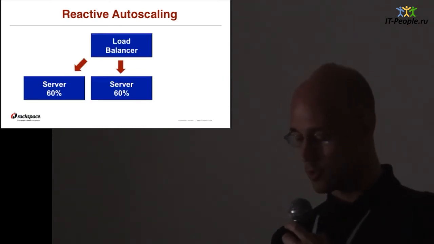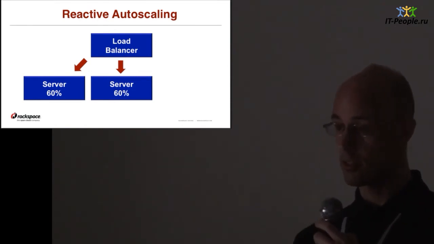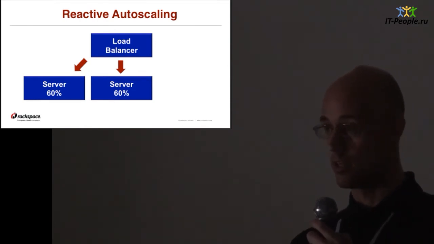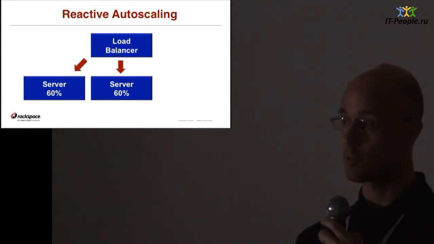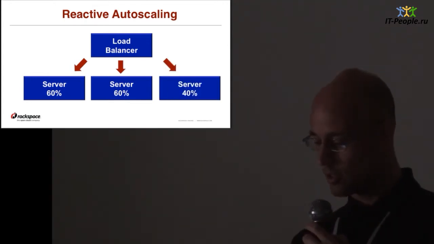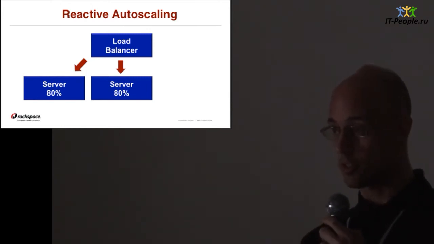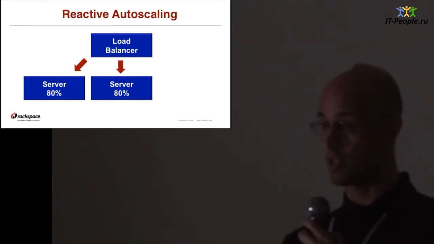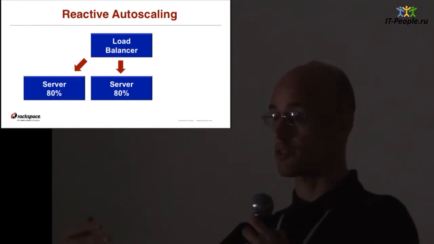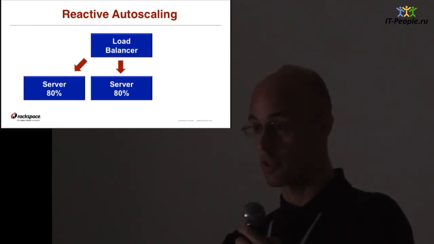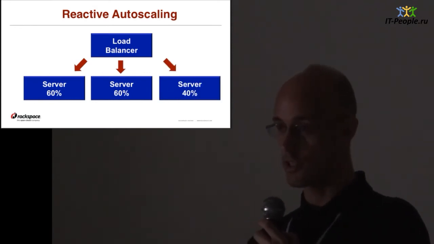Or reactive, so you have a load balancer, 2 servers running at 60% CPU load, then traffic increases, then you see now the load on average is 80%, so it's above a certain threshold. You need to do something, you deploy an additional server.